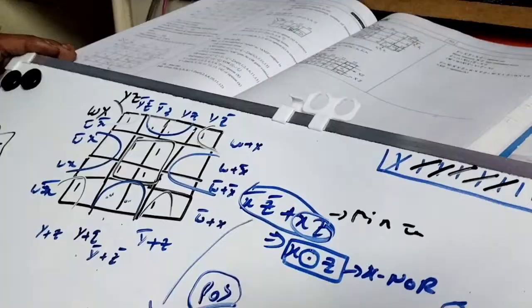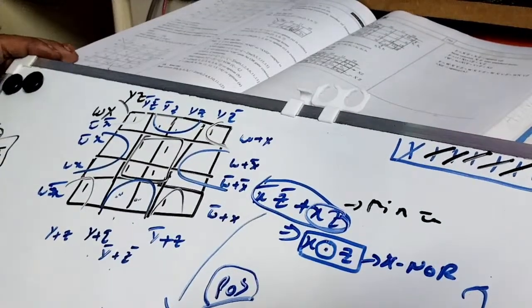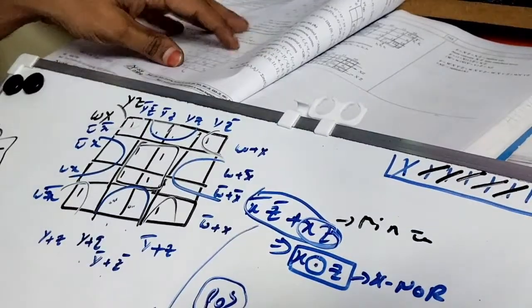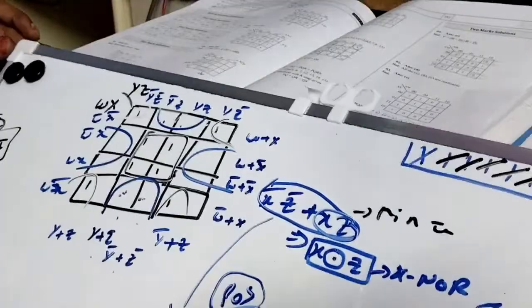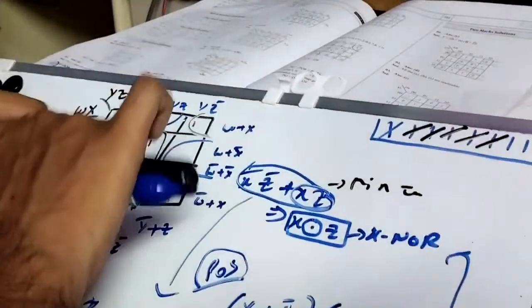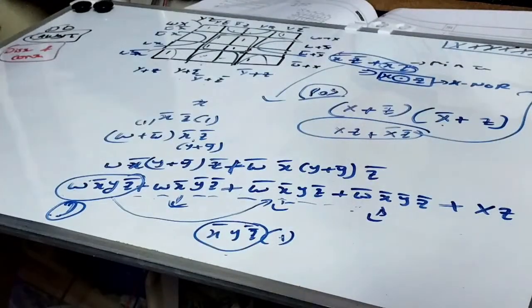Then taken W: 1, 2, 3, 4, 2, 4. Okay, so actually what I did was correct. They misprinted it here with my pencil.